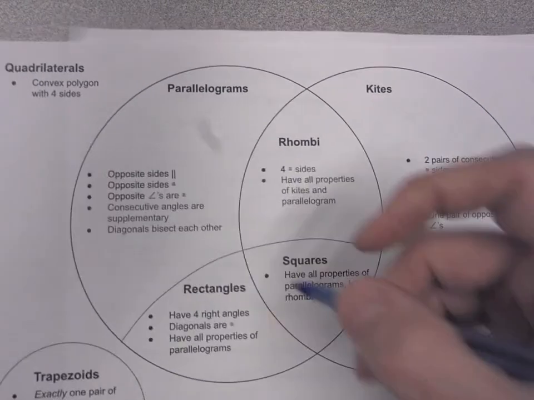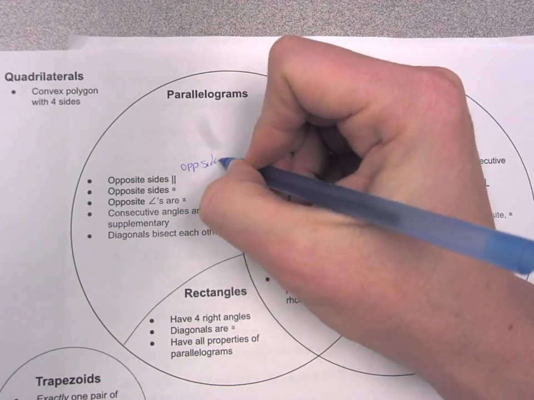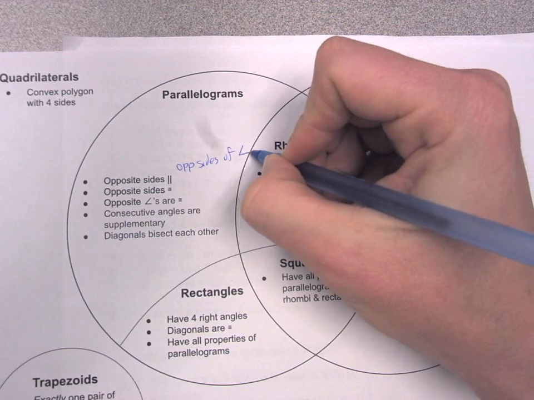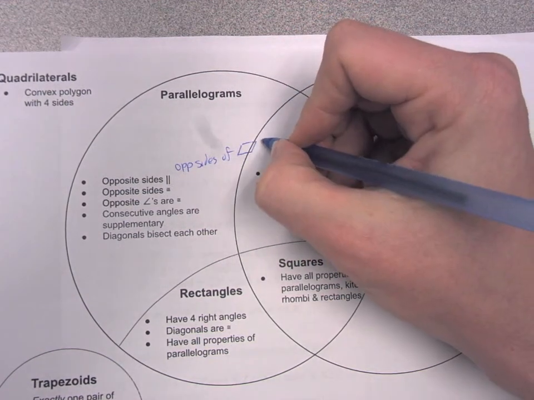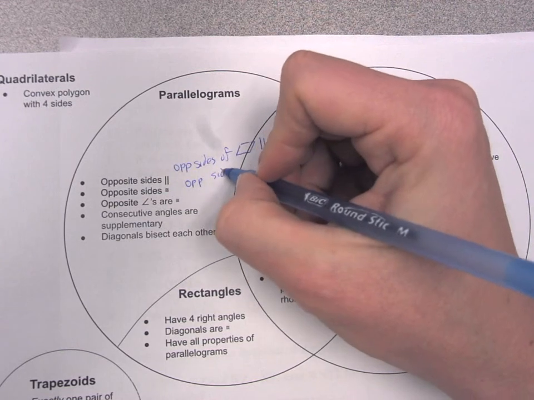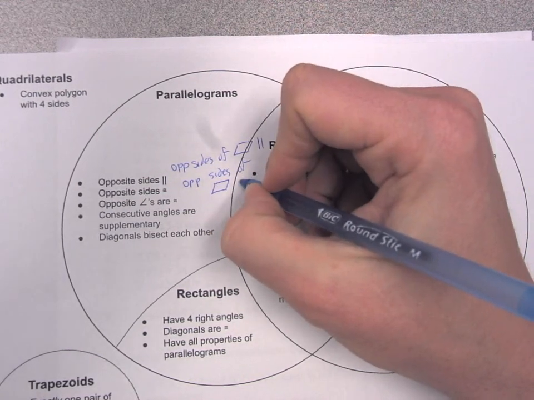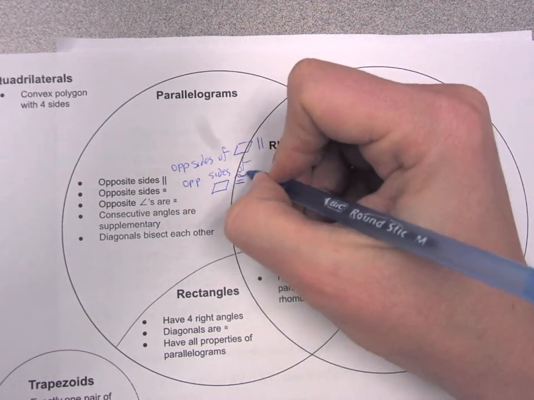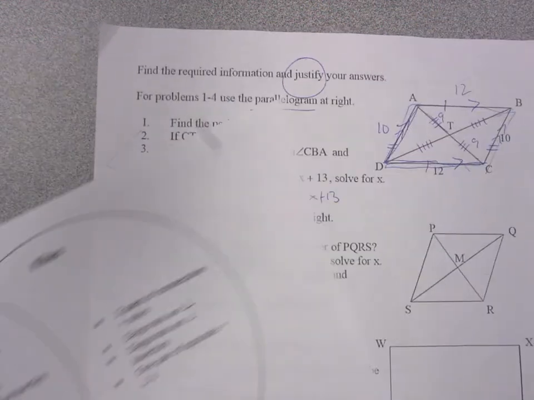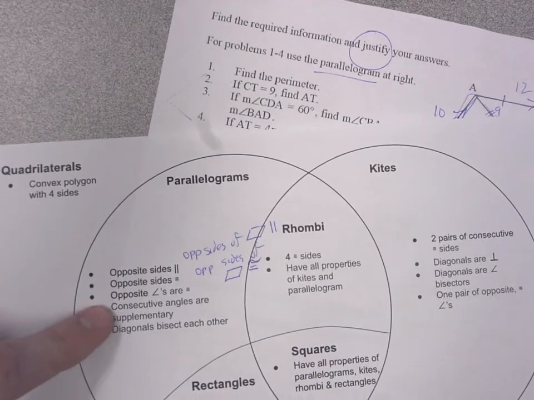And so probably how I would write this line is op sides of, and then draw a little parallelogram, parallel. Or you could write op sides of parallelogram are congruent, right? Or something like that. So you can use these abbreviations as your justifications.